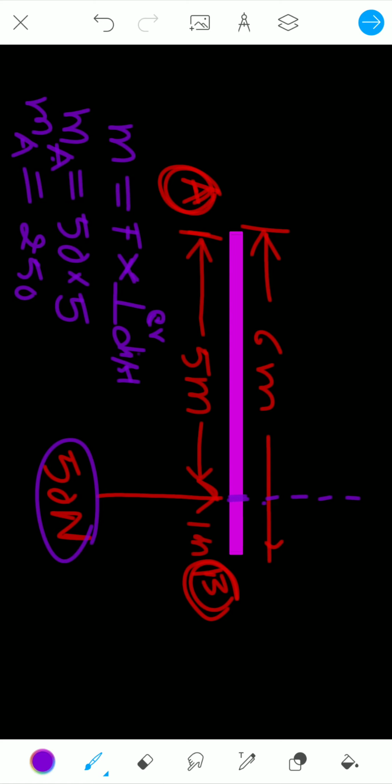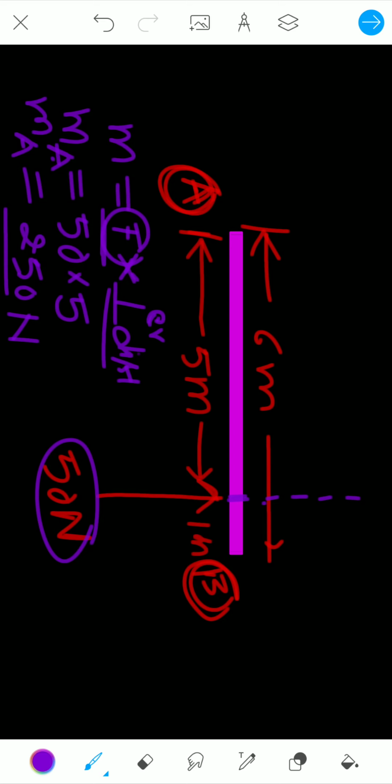250. And simply writing 250 is not enough when we are writing a certain quantity. We have to mention the units so that we come to know what kind of quantity it is. Force is calculated in newtons, and distance, whether perpendicular or parallel, can be measured in meters in SI units.